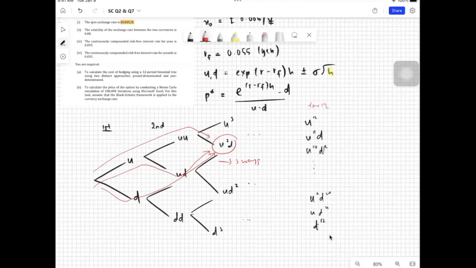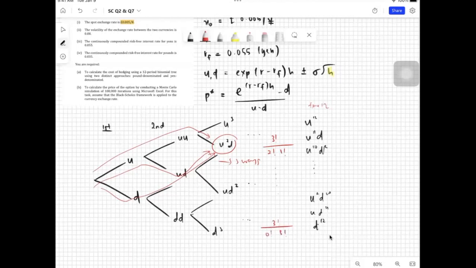So it will be 3 factorial divided by 2 factorial, that is u, and also 1 factorial of d. And that goes on the same thing for all the numbers all the way up to d3. So as for d3 is just 3 factorial, and then 0 factorial, and then 3 factorial.